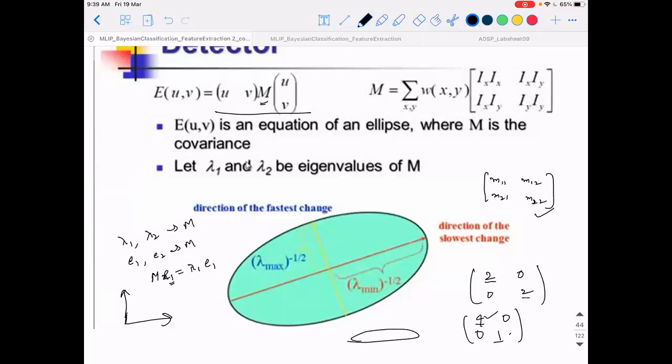Initially E1 is here. Now I apply a matrix operation on this, considering y equal to m into E1. Through the eigenvalue and eigenvector property, y equals lambda 1 times E1.